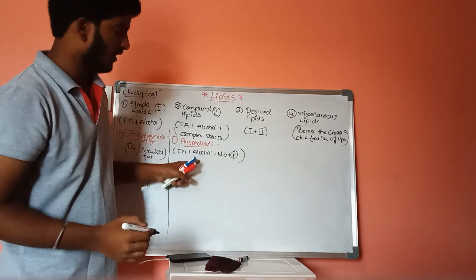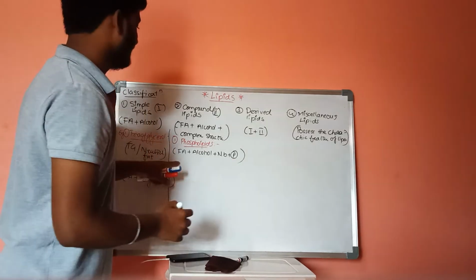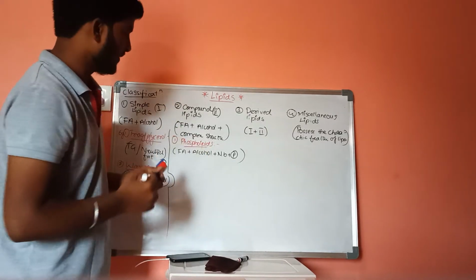Fatty acid, alcohol, nitrogen base plus phosphate ion. This is the composition of phospholipids.